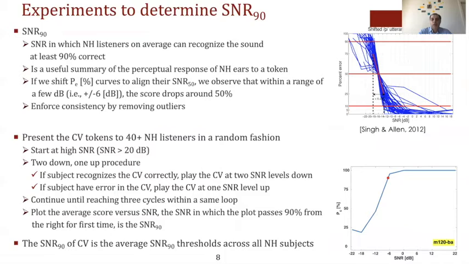If we average, for example, presenting the same sound to 40 different normal hearing listeners, we can observe curves such as this on the lower panel. The average score starts from 100% correct on the right, and it goes down at some point. At the 90% level, we assign that as SNR90. That's the label for the perceptual measure.